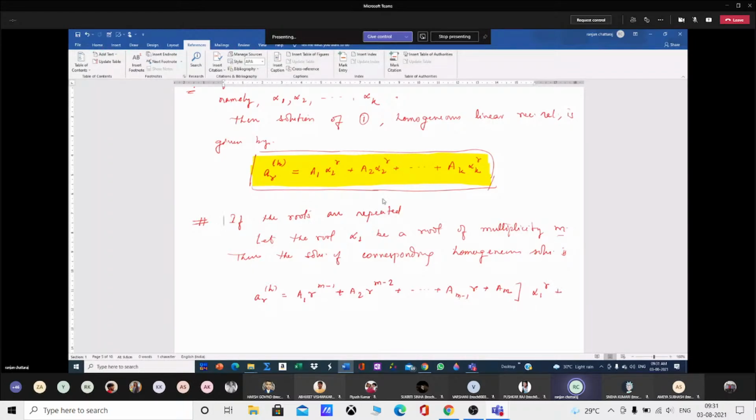Other roots can be written in these forms, like B1 alpha 2^r + B2 alpha 3^r, like this. I am writing only the solutions for alpha 1, which repeats itself m times, the multiplicity.